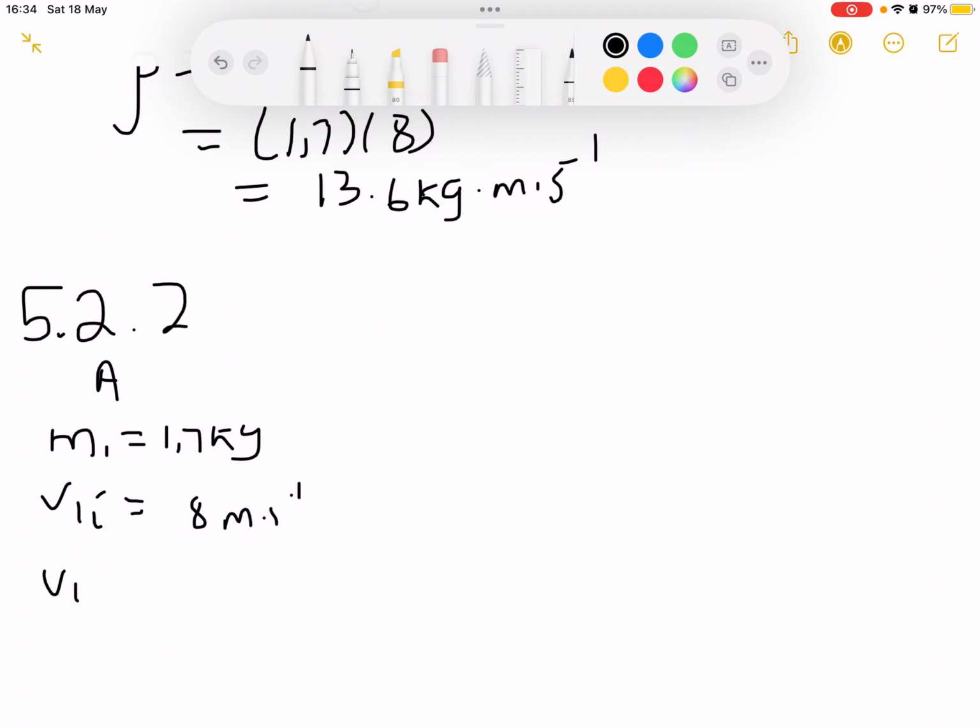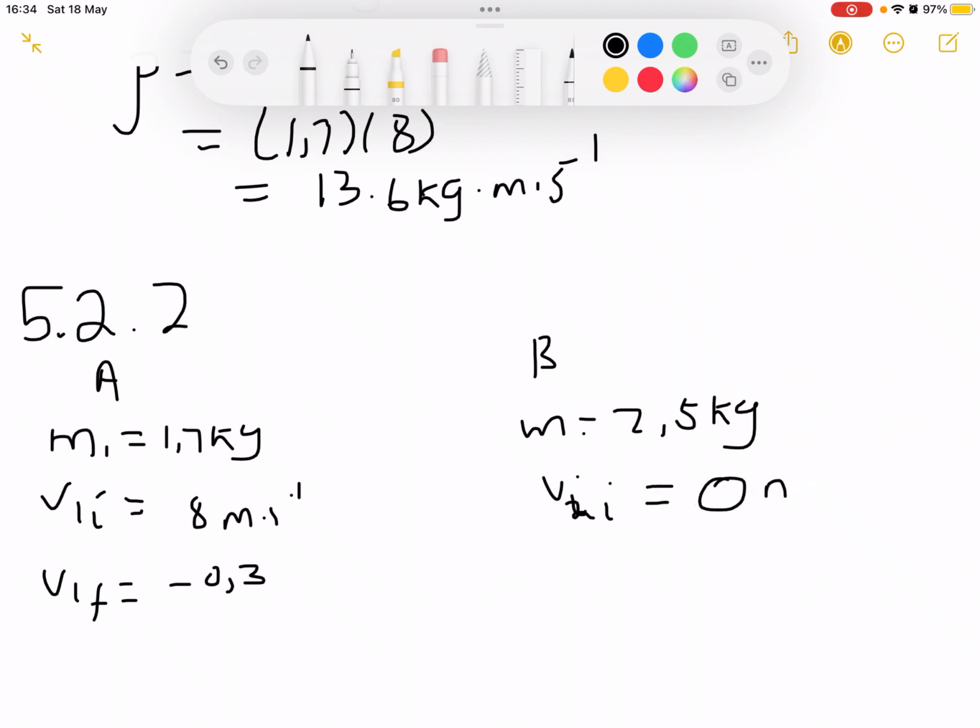And then we have the velocity final, which is negative 0.3. Then for block B, we have the mass of 2.5 kilograms. And then the velocity of block B, initially it was stationary, so it's 0 meters per second. Then velocity final is what we are looking for for block B.